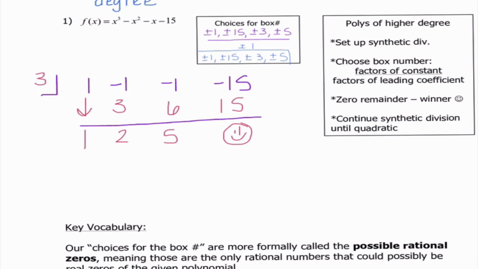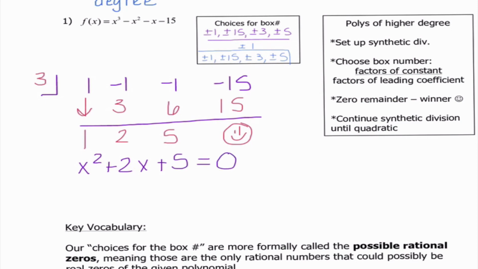So we learned earlier this week that I always write 1 degree lower than our original problem. Our original problem started with x cubed, so this is going to become 1x squared plus 2x plus 5 equals 0.